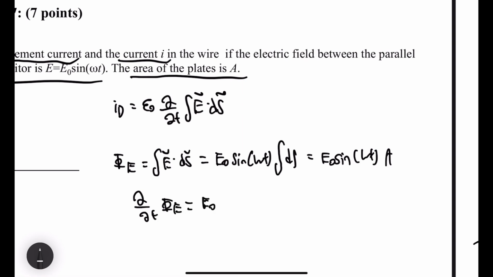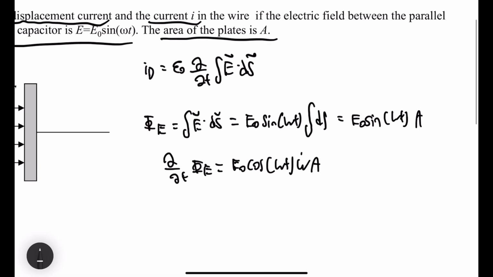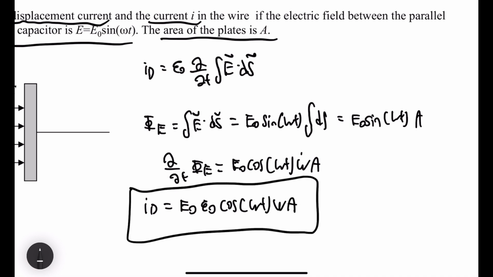So that would be E naught, derivative of sine is cosine, and then chain rule, which will be omega, and then the A. So then displacement current is just this times epsilon naught. So that would be E naught epsilon naught cosine omega t times omega A. And this was pretty easy for the displacement current.